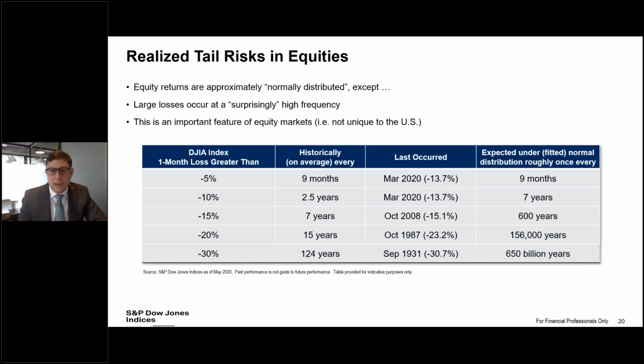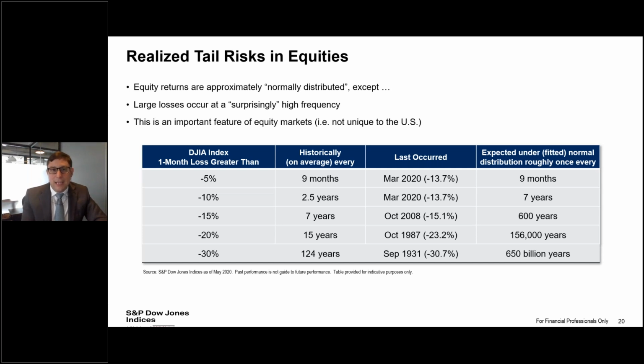It's happened historically roughly every 9 months, but when you go further down the tail, so for example, a loss of 30%, which did happen in 1931 in a single month, that would be expected under a normal distribution roughly once every 650 billion years. So for context, according to scientists, the universe itself is about 13 billion years old.